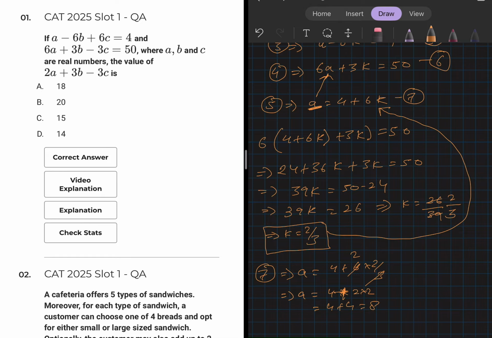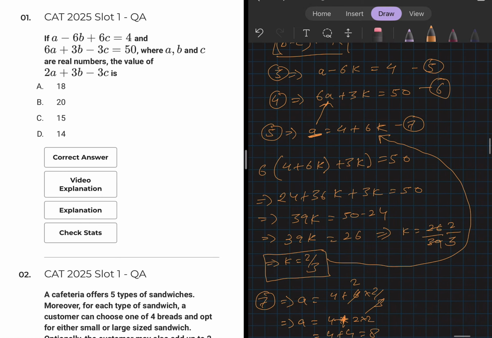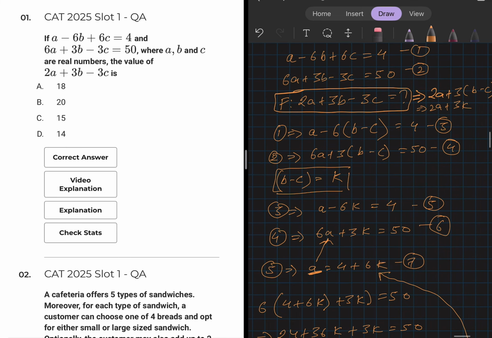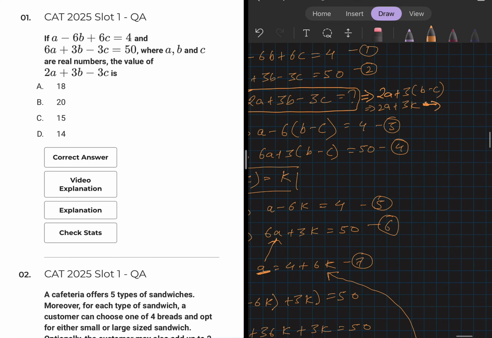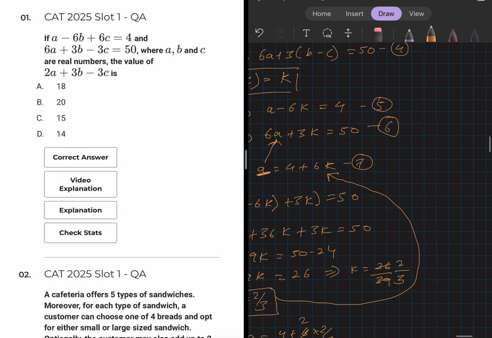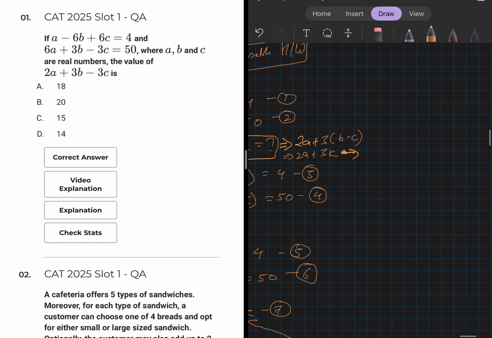So as you can see, we got the value of both a and k. Now we have to plug the values of a and k here. This is what we are trying to find out. So we found a to be 8 and k to be 2 by 3.